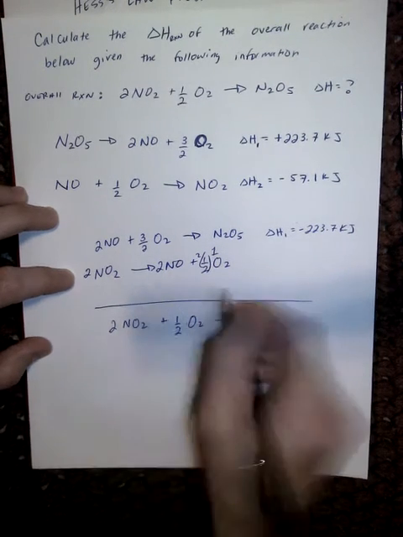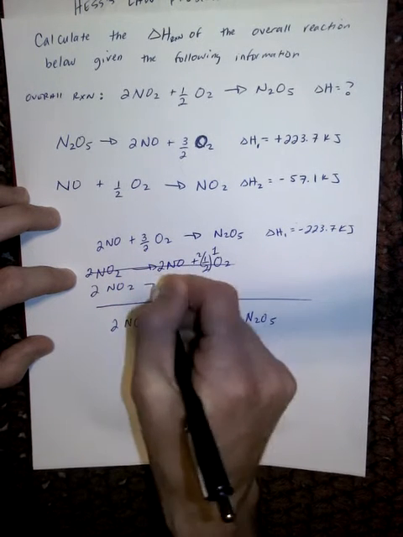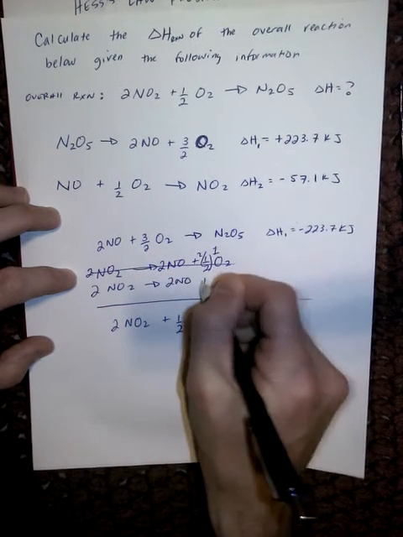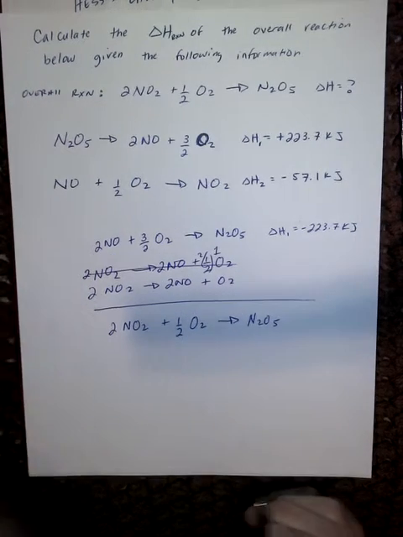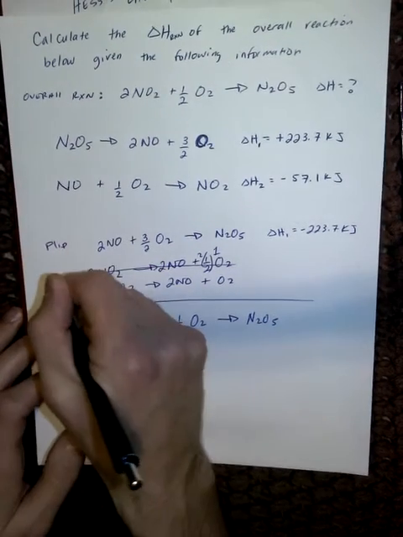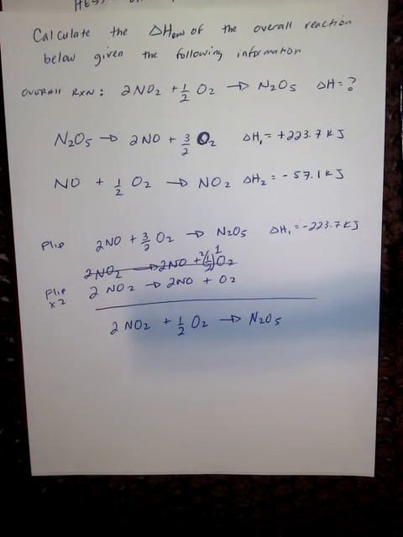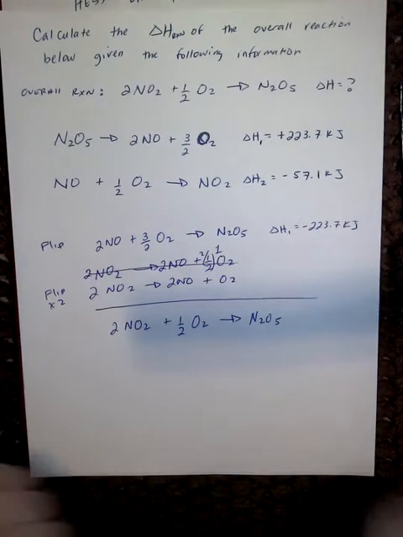Okay? So I'm going to rewrite that a little bit cleaner down below here. So 2 NO2, 2 NO, plus 1 mole of O2. Okay? And I'll put a little note here. I flipped this one, I flipped this one, and then I also multiplied the coefficients by 2. The notes just help me keep track and make sure I did what I was supposed to do to the delta H for each part.